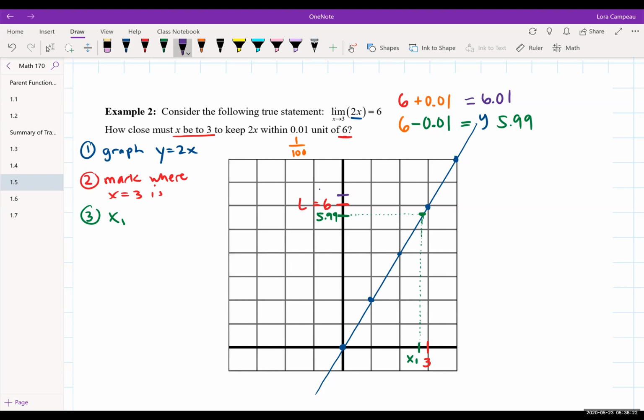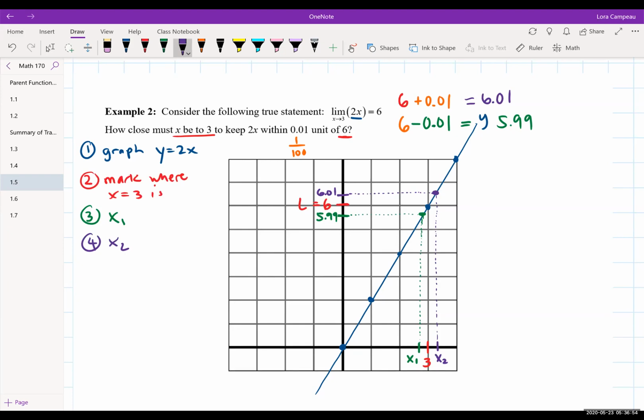So that is where 6.01 is. And we're going to do the same thing. We're going to travel along, see where it hits our function, where is that corresponding y value, and then see where that corresponding x value lands. And that, my friends, I'll call x2. So I'm marking where that is on the x-axis.